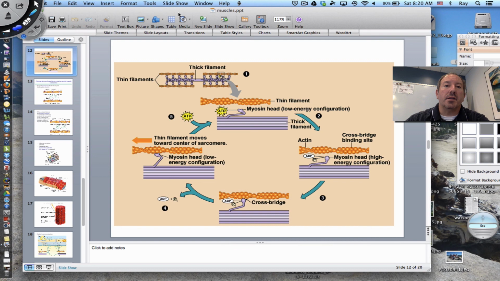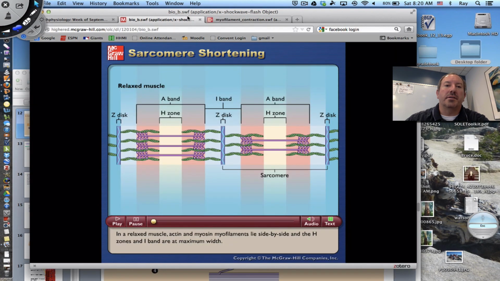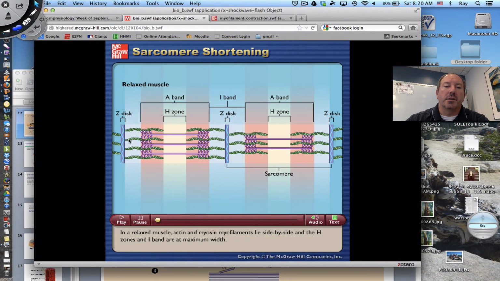Let me conclude with this, which I find a pretty useful summary of what we've just been talking about. Here are the thick filaments shown in purple with the myosin. Here are the thin ones in green.